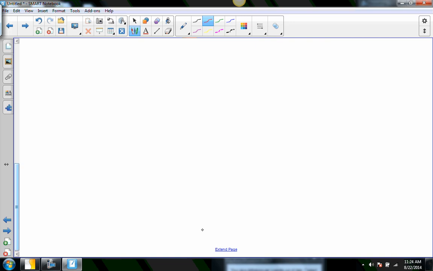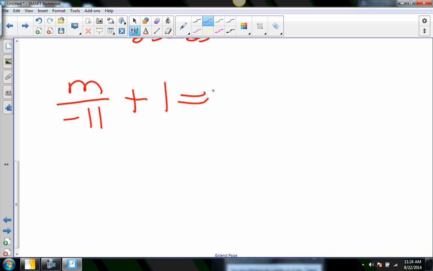So then let's go through one that looks just a little bit different. If I have m divided by negative 11 plus 1 equals negative 10. Again, going back to those rules, first thing you need to do is add or subtract first. So I'm going to go ahead and minus the 1. It says plus 1. To get rid of it, I need to minus it, which means I need to do the same thing on the other side.